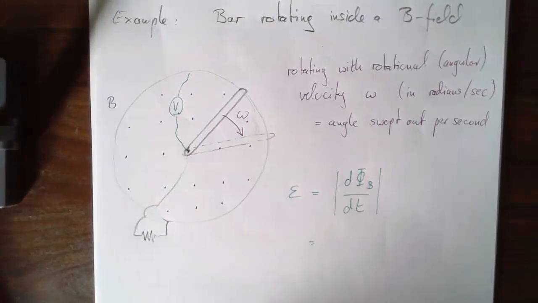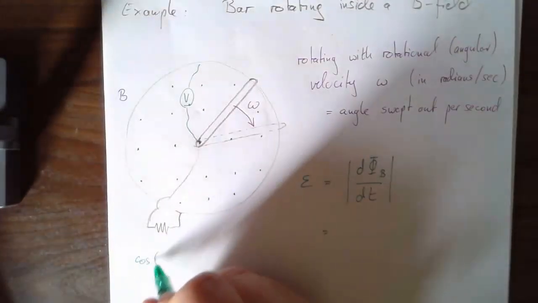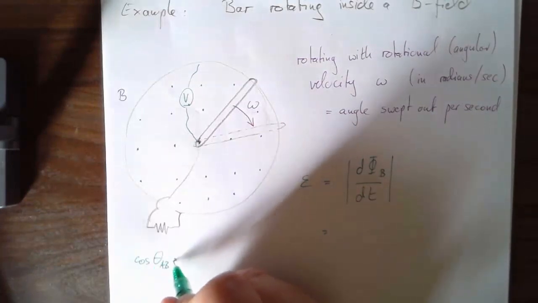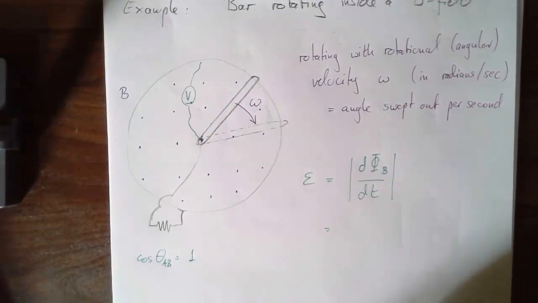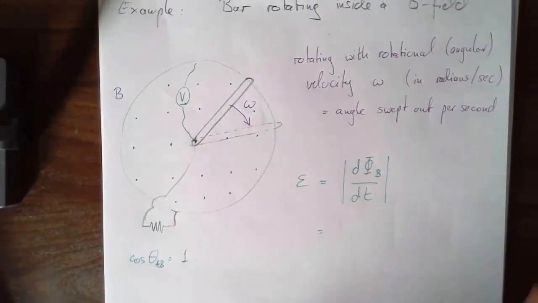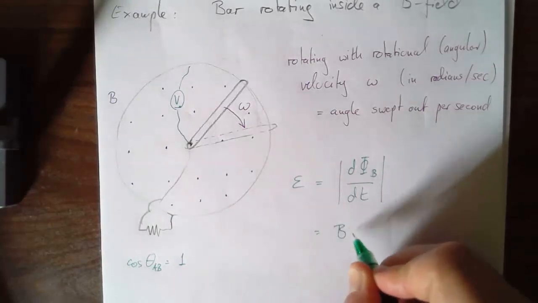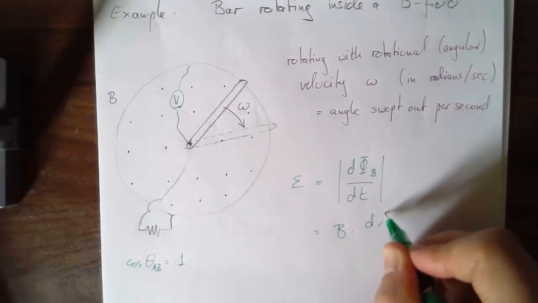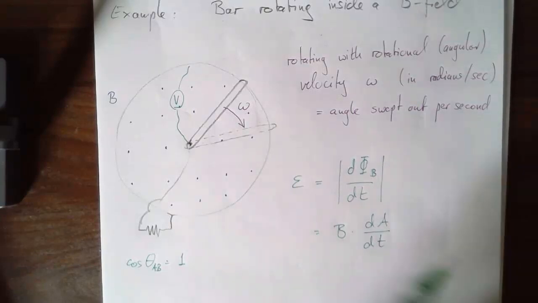So the cosine of the angle, cosine theta AB, is equal to 1. And the magnetic field is constant. So I am going to get B times dA/dt, the rate of change of the area.